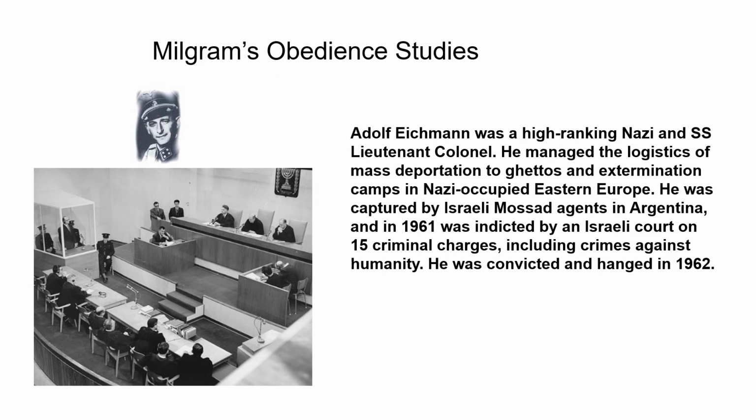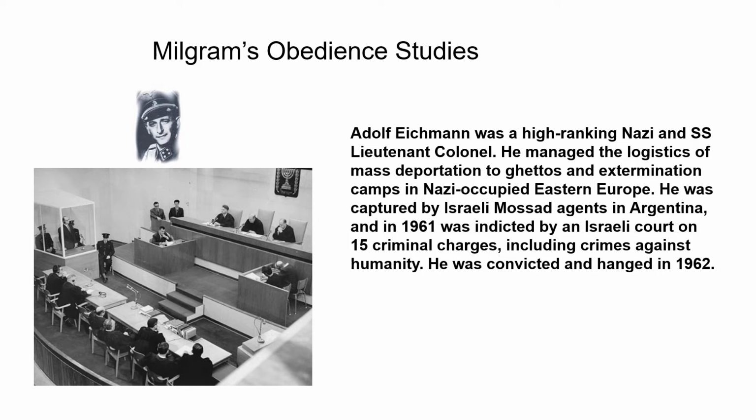Which gets us to one of the biggest ones, and that is Milgram's obedience study. So in 1961, a high-ranking Nazi who had a lot to do with concentration camps was captured, convicted, and hanged in 1962.